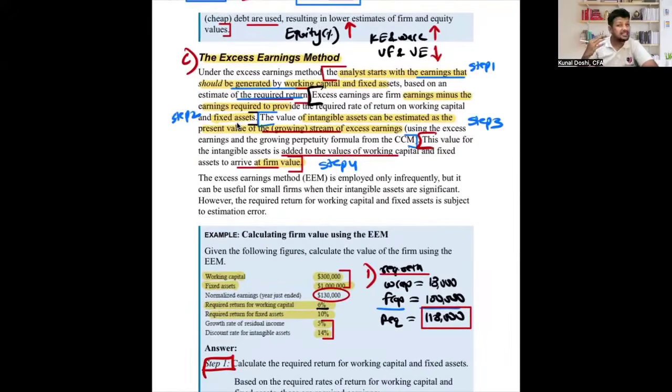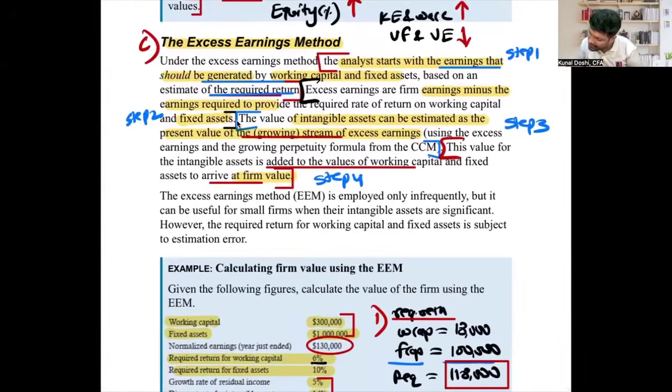There is a 4-step process. We basically have to find the value of the firm, which is the value of the capital invested in the company, which is working capital and fixed capital, but also the value of intangible assets. So for excess earnings, the analyst starts with the earnings that should be generated by working and fixed capital, based on the required return.